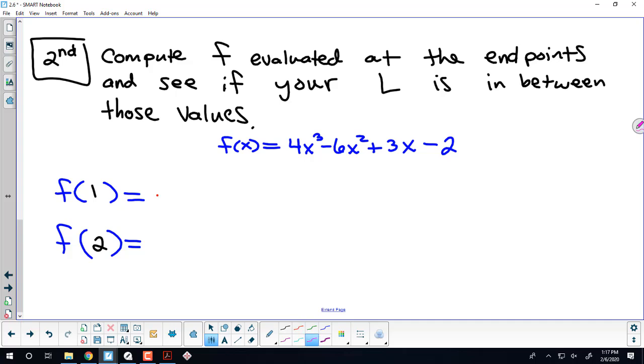Oh, we did this here. f of 1 is -1, and f of 2 is 12. So there's our function evaluated at our endpoints. We've got one y value of -1 and one y value of 12, and we know the function is continuous in that interval from 1 to 2.